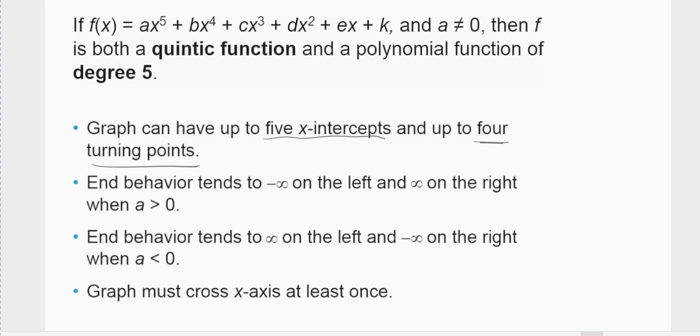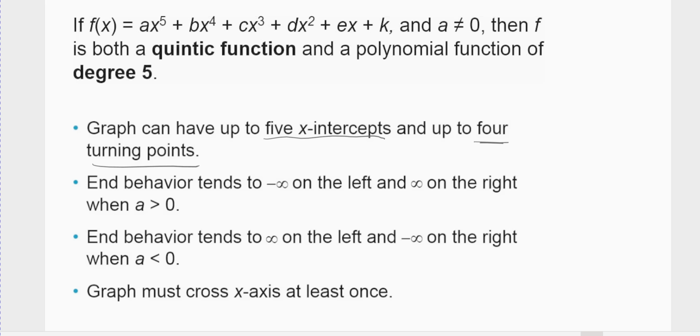Maximum of 4 turning points. So it can have none, you can have 0 in this case, up to 4. All right, 0 to 4 possible maxes and mins. The end behavior behaves like the third degree function. If a is positive, I'm going off to negative infinity when I plug in negative values, so to the left, and off to positive infinity to the right when I plug in positive values.